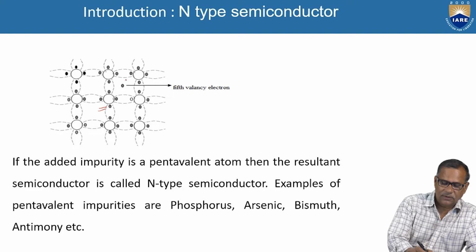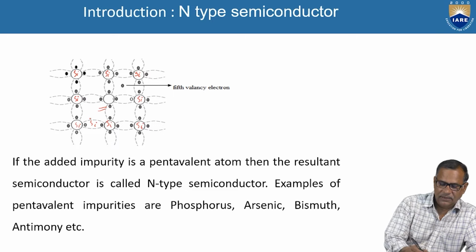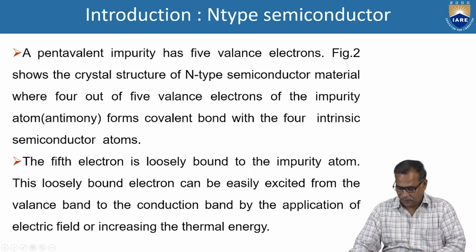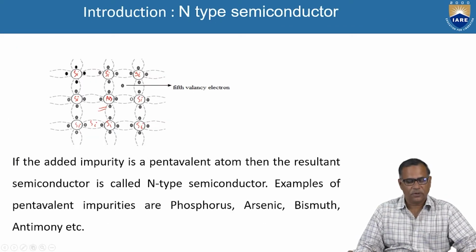Covalent bonds are formed with the adjacent atoms. This is silicon, and this is silicon, which has 4 valence electrons. And let us say this is arsenic, which is a pentavalent atom which has 5 electrons in the outermost orbit.